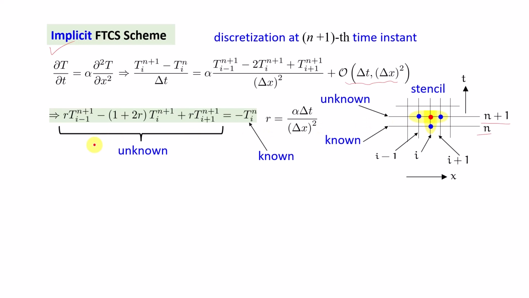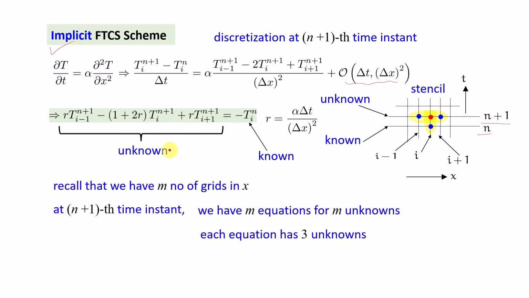But if you think about it, it's not just one equation and three unknowns. We will get three unknowns in each of these equations. So for every unknown, we will get one equation. Each equation will involve, of course, three of these unknowns. So overall, we should be able to solve it. We have m number of grid points in x, and at the n plus 1th time step, we have m equations for m unknowns.